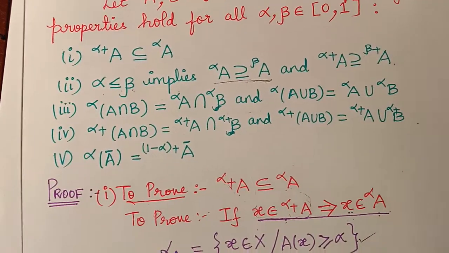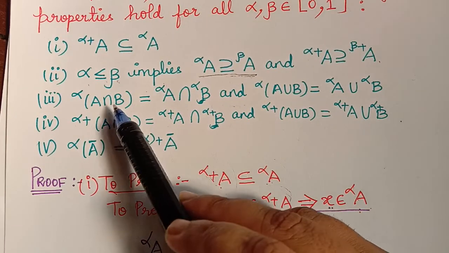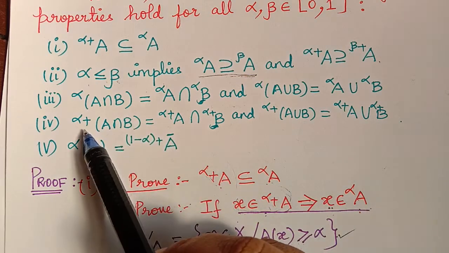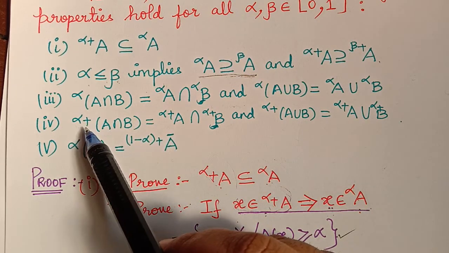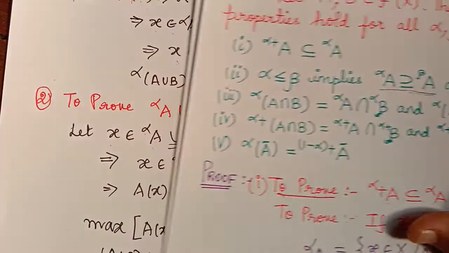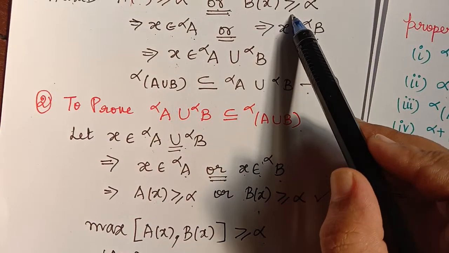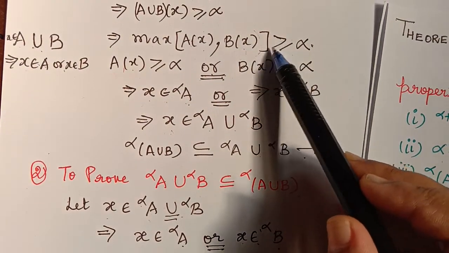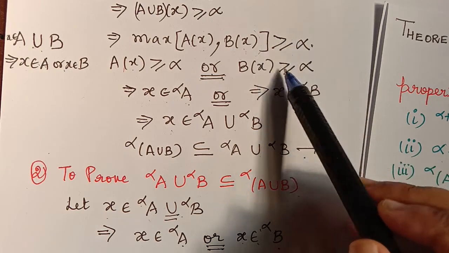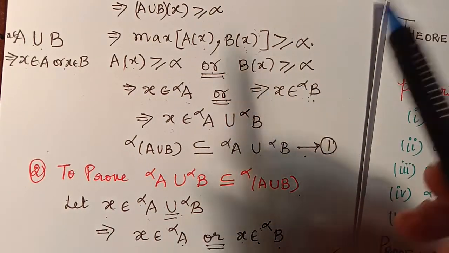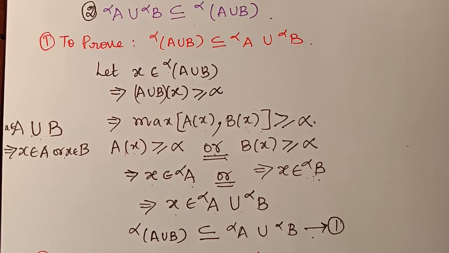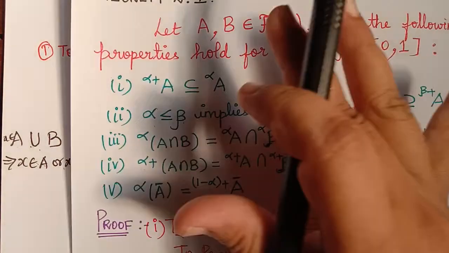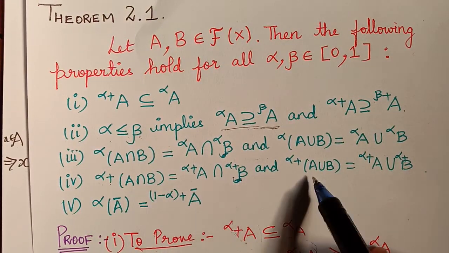So property 3 we have proved. Similarly we can prove property 4 by doing it for strong alpha cut, in which case, wherever we have greater than or equal to, we will have strictly greater than. Only that will be the difference in both the proofs, that is in the proof of this as well as this.